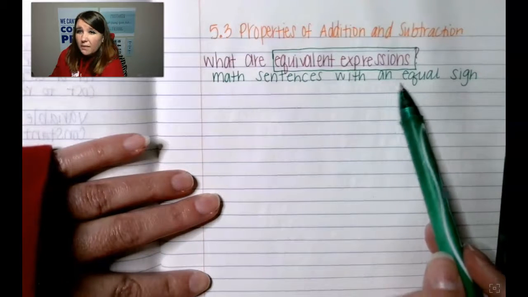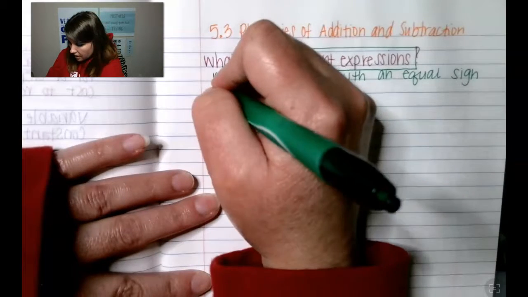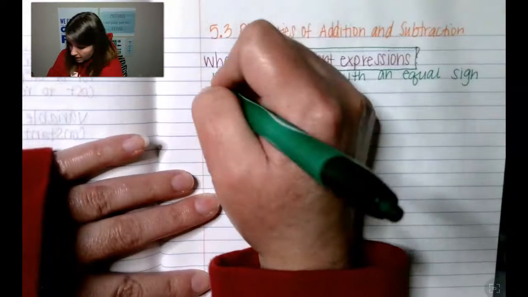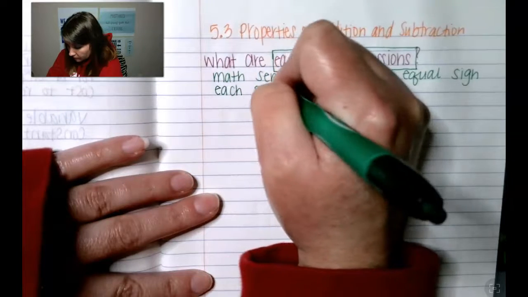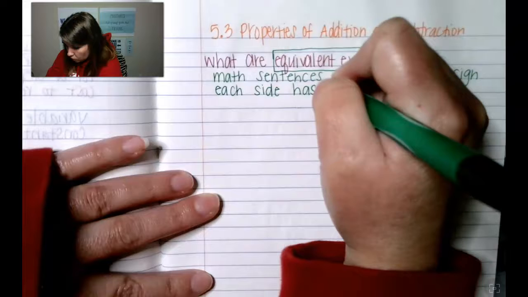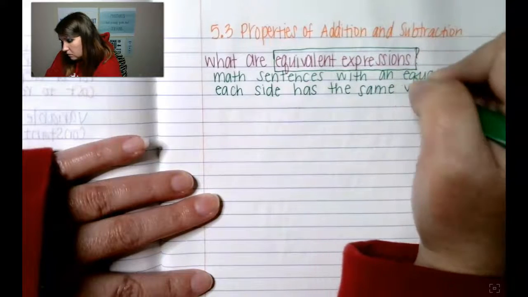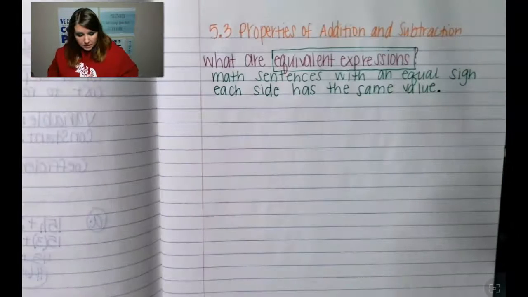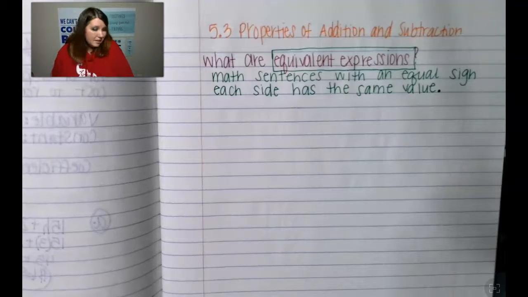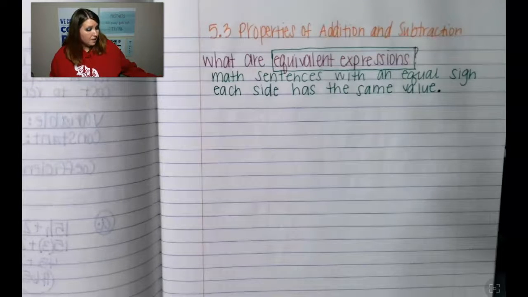So math sentences with an equal sign, and each side has the same value. It just means that it could be written slightly differently, but they will have the exact same value.